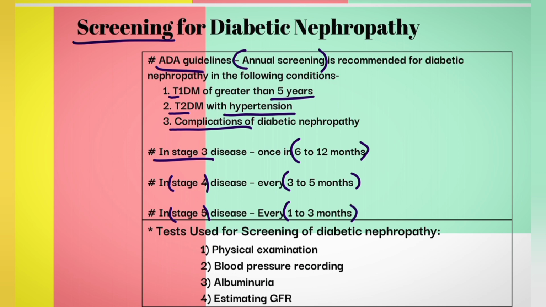And these are the tests used for the screening of diabetic nephropathy. The person is required to get a physical examination done, blood pressure recording, albuminuria testing, and GFR estimation is also carried out.